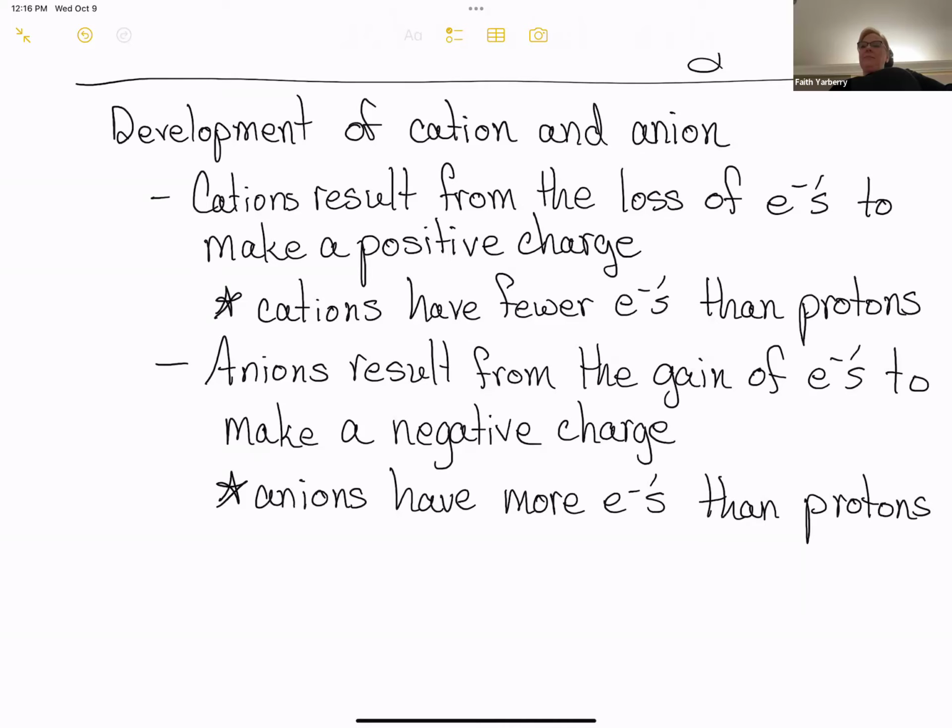The e negative, by the way, is a common way to denote an electron. I don't remember if I've used that yet.